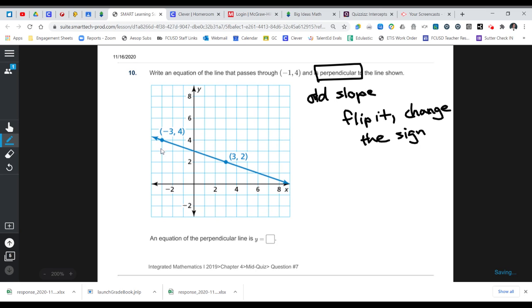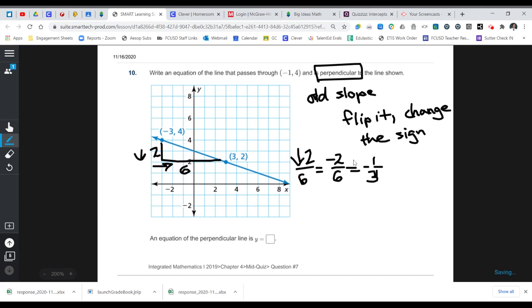So let me go ahead and find what's my old slope. Well, here's the line. Down 2 over 1, 2, 3, 4, 5, 6. 2 over 6. Down 2 would be the same as negative 2 over 6. And to simplify that, that's the same as negative 1/3.